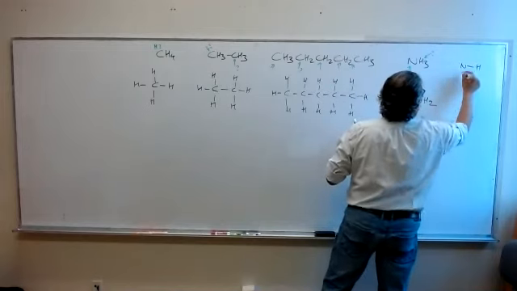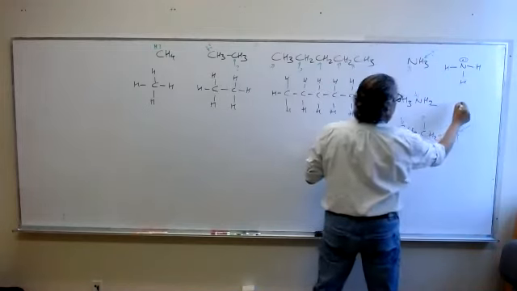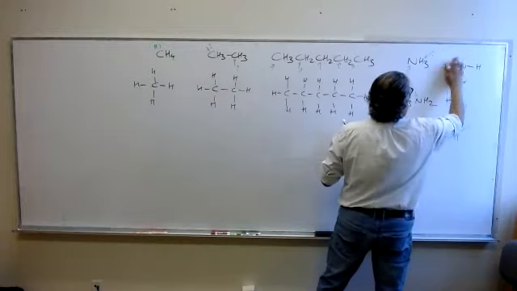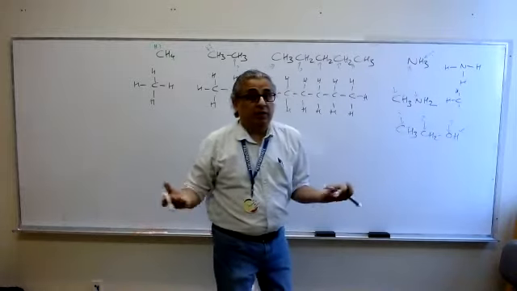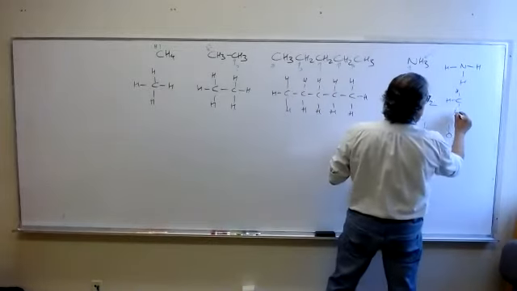NH3. Lone pair, don't forget. You don't really have to draw it here because I didn't ask you to draw a Lewis dot structure. I said hybridization. You're trying to figure out the answer.